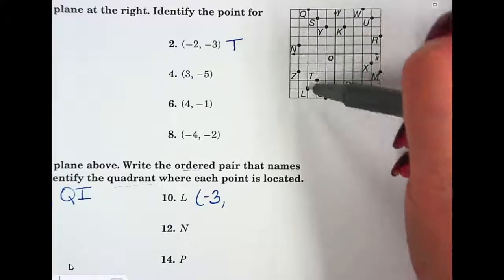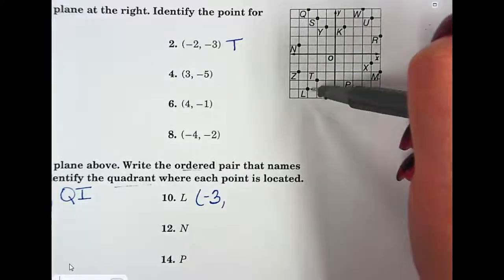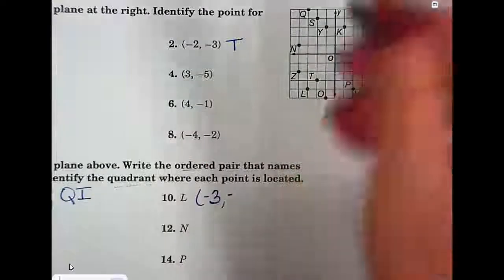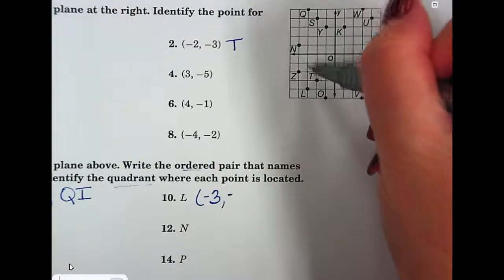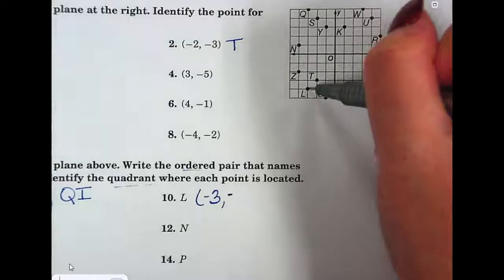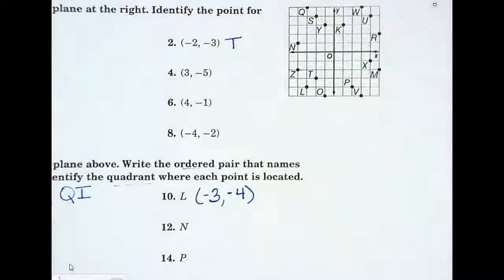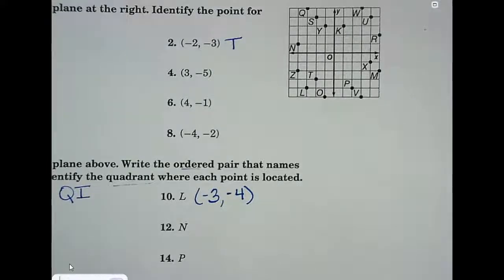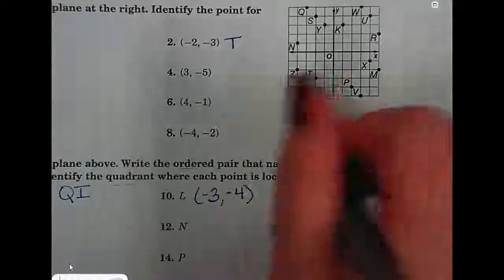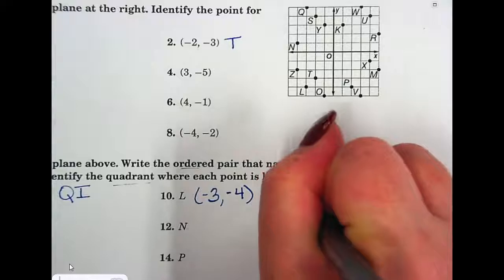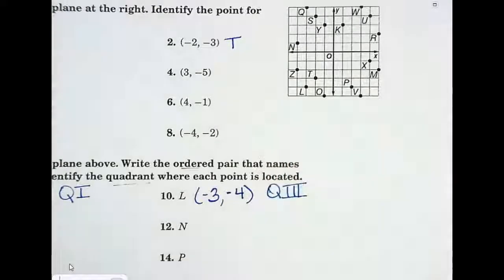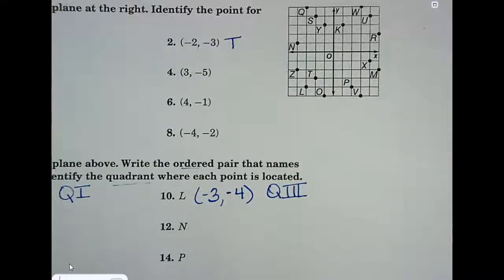Is that positive or negative? Negative, so another negative, and then I'm going to go negative 1, 2, 3, 4. Negative 4. And what quadrant is that in? Quadrant 3. Do you have any questions about those? No? Okay.